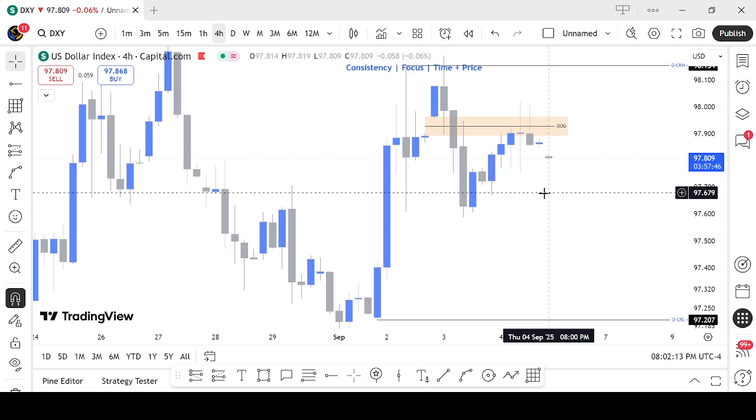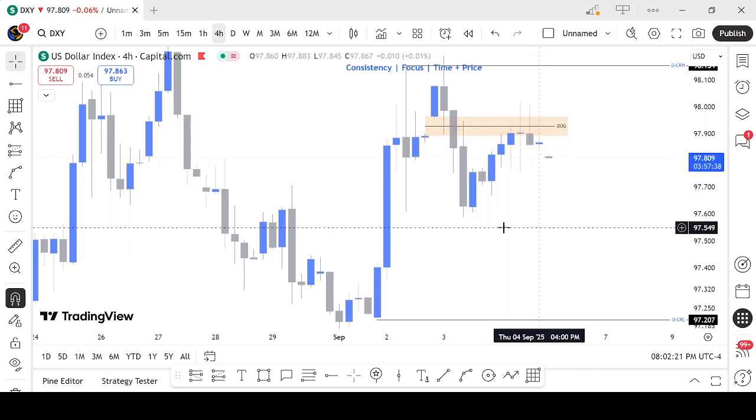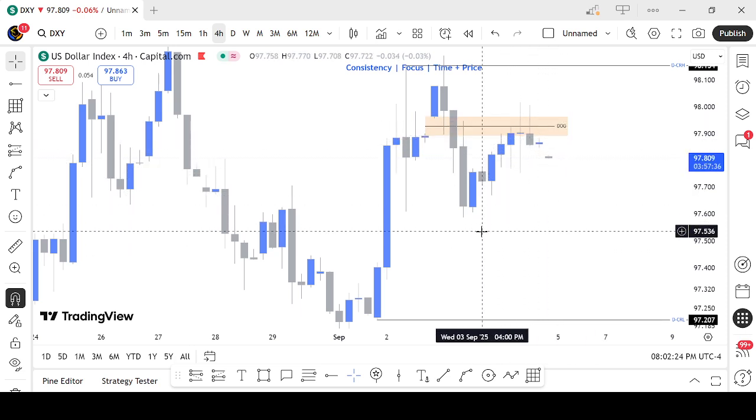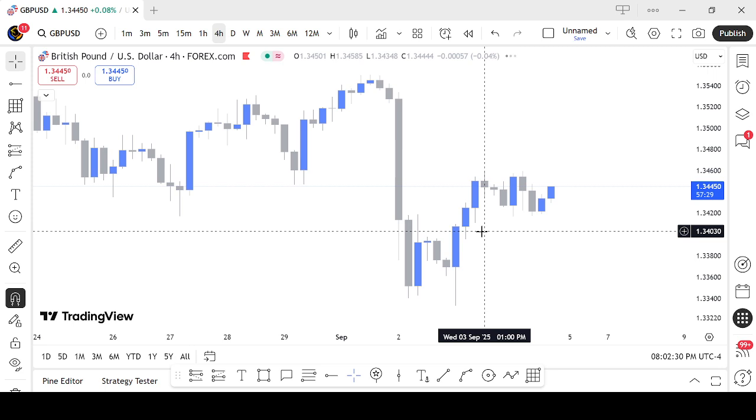So this is basically our projection for tomorrow, but pay attention to where price is trading tomorrow, because that is going to say a lot, and it's going to mean a lot if you pay attention.